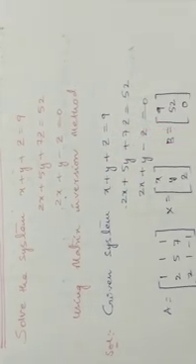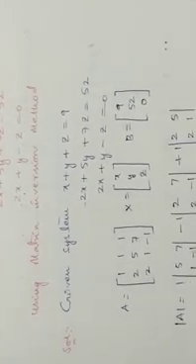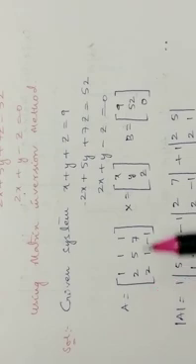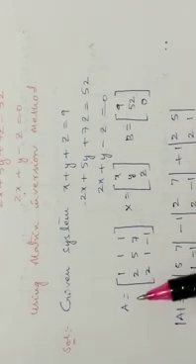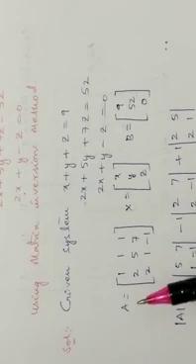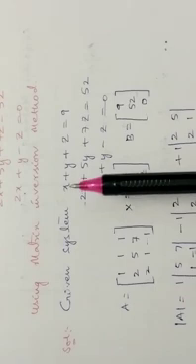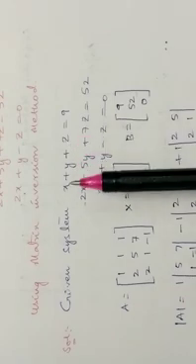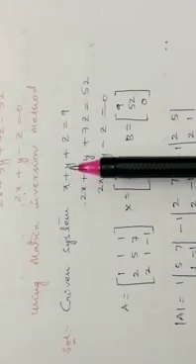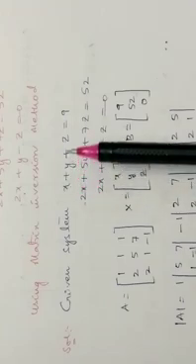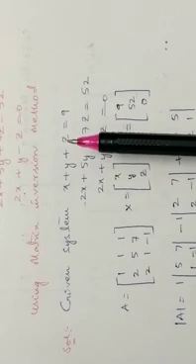Before going to the problem, we know how to write the matrices A, X, B. A matrix is formed with the coefficients of X, Y, Z. Coefficient of X is 1, Y 1. Coefficient of Z is also 1.